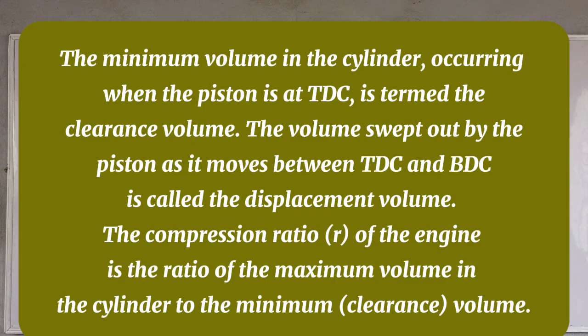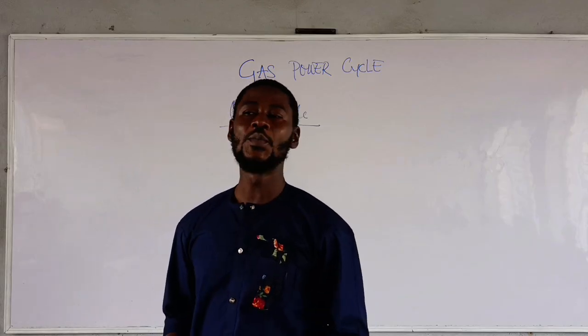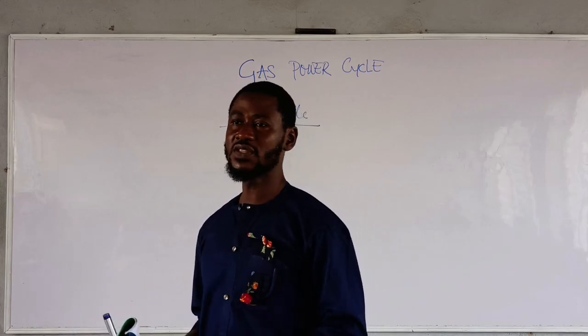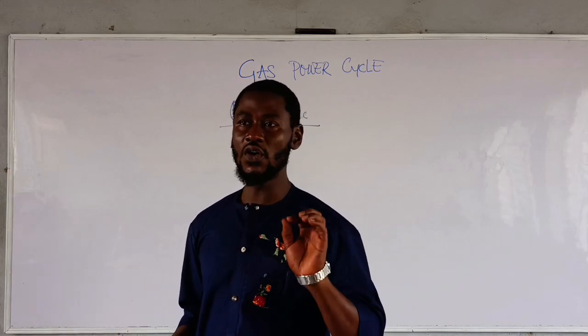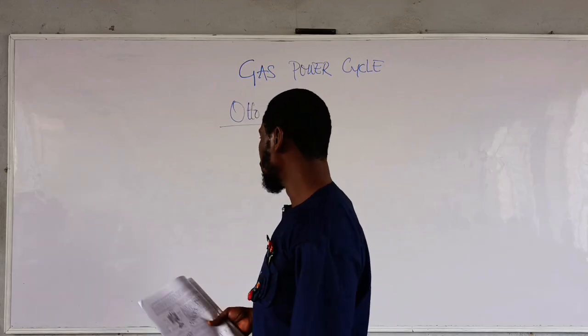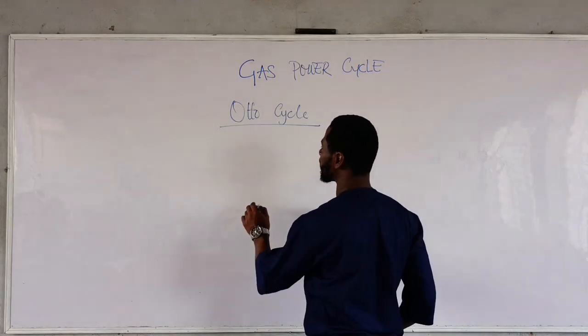The compression ratio R of the engine is the ratio of the maximum volume in the cylinder to the minimum clearance volume. Now, the terminology that we want to be familiar with in thermodynamics is the compression ratio.